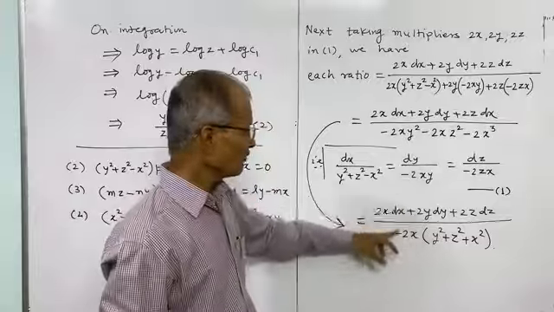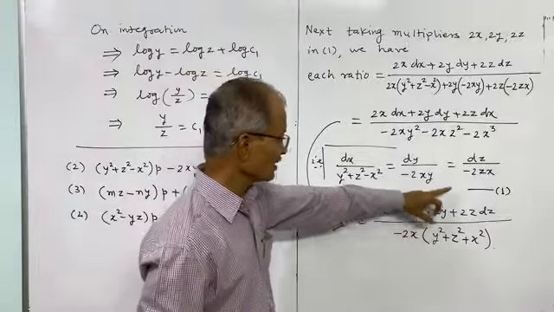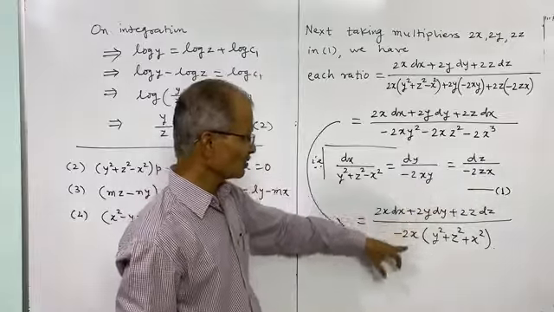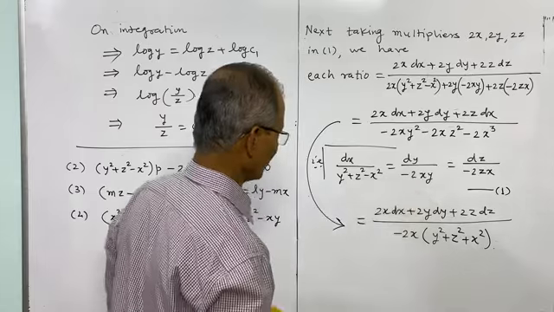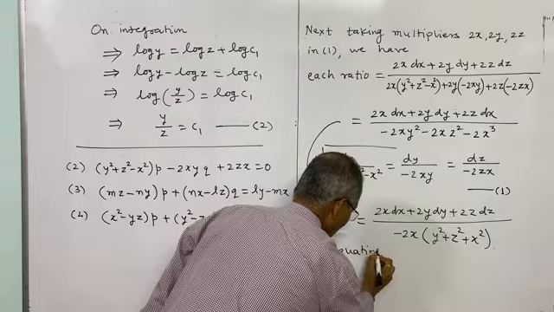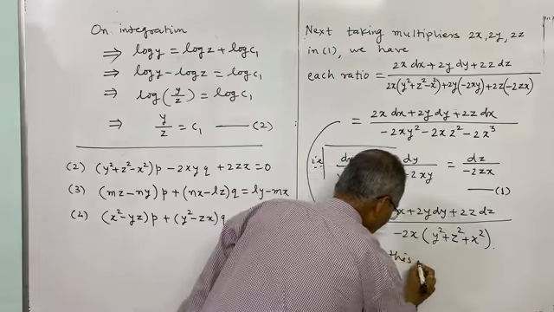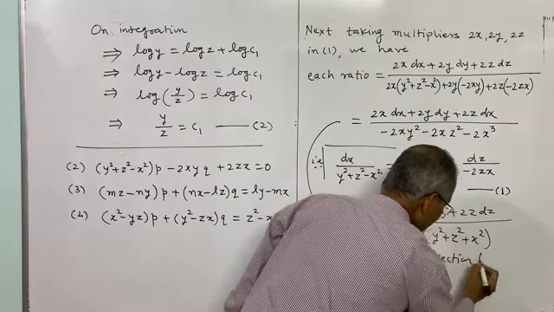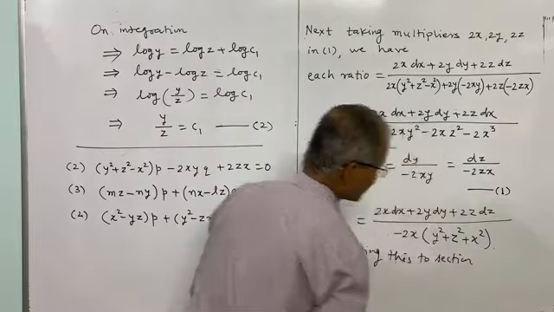Anyway, because 2x is also there here, and here it is also 2x, we can equate this to the second fraction of 1. Equating this to the second fraction of 1.